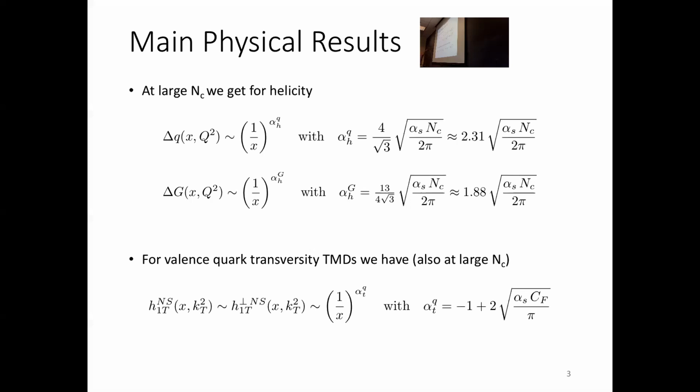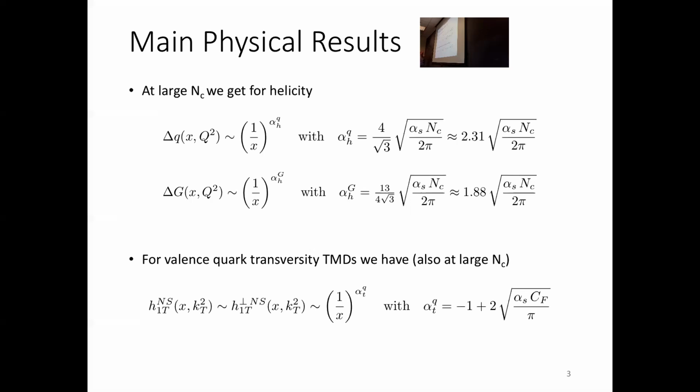Usually you say, if your x is very small, the integral is dominated by the saddle point of this function, and this is what I write here. Of course, this is just the value of the exponential. If you carefully do the saddle point calculation, you also get some power of KT, something like KT naught over KT, and then a factor like log squared KT over KT naught, divided by some number alpha s log 1 over x.